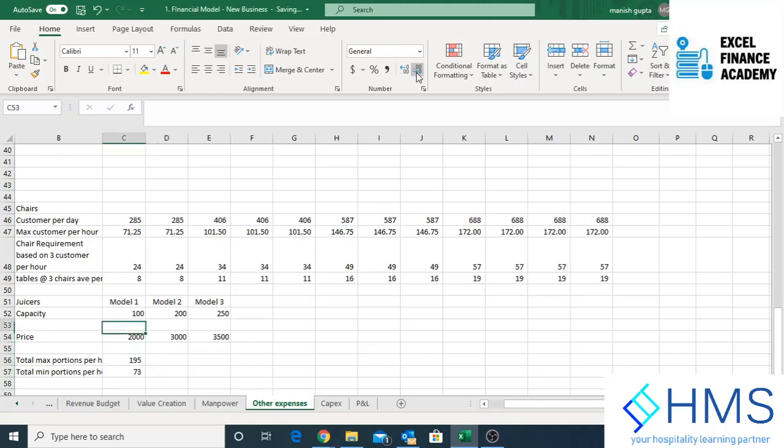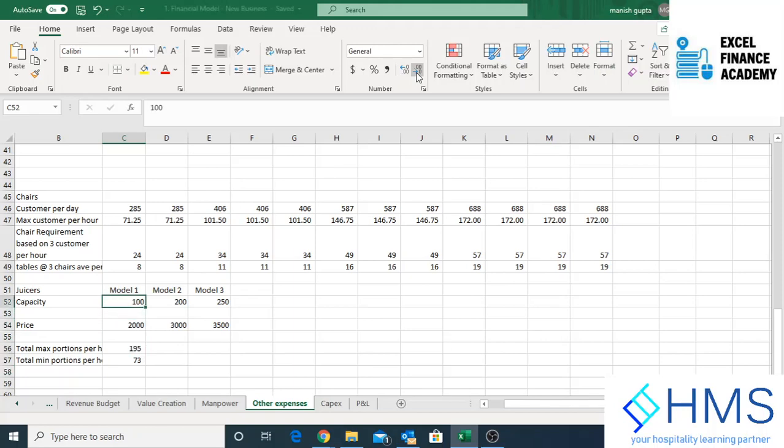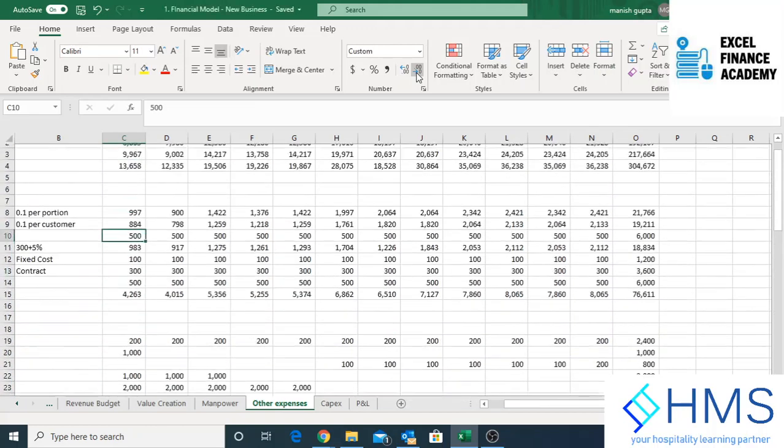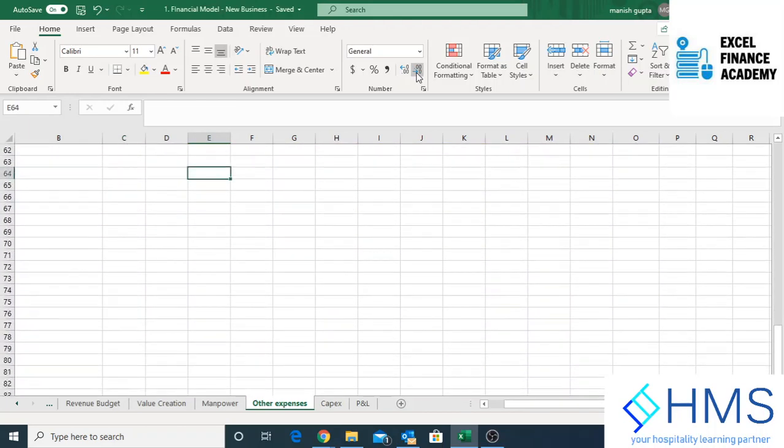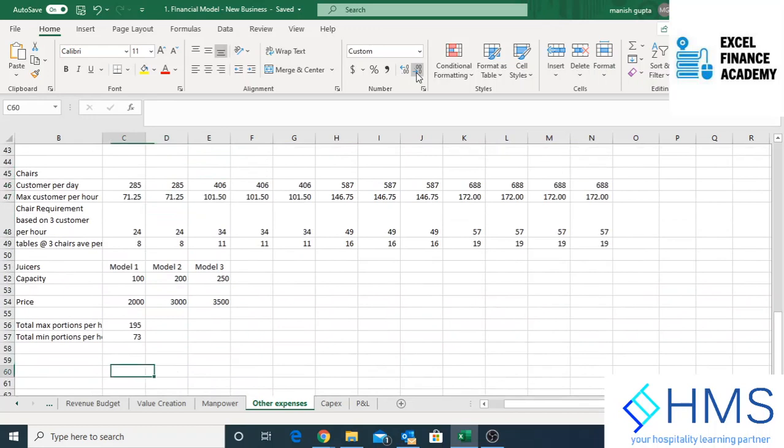Yeah, minimum you need 72, maximum you need 175. So you have 3 models. 73 per hour means you can survive with this 100 model, but how long? Until this month, because at the rate of 14,000 you will probably need the second model already, and by the end of the year you can still survive with this same model up to 200 a year. But this is going to cost 2,000 and this is going to cost 3,000.